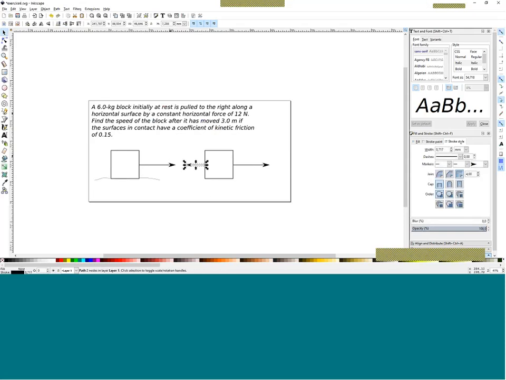So we have a horizontal force, and because we have a friction-full surface, there's going to be a force of friction. To determine what this force of friction is, you need, of course, to know how to determine friction. All the information is given by Professor Deagle.